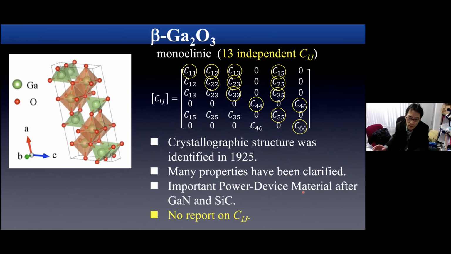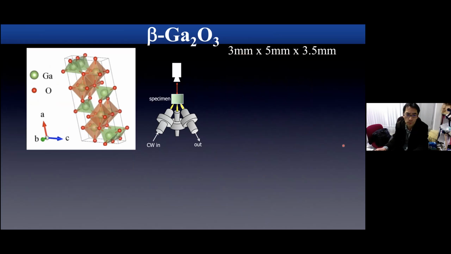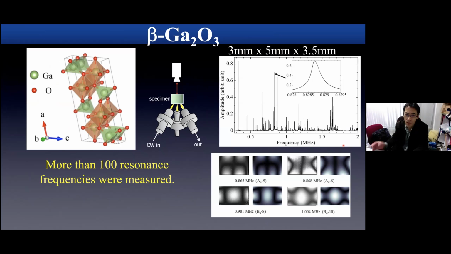But there was no report on its elastic constants, despite nearly 100 years since this material was discovered. But recently we succeeded in determining all of the independent elastic constants of this material with this method. Okay, I will go into the details.